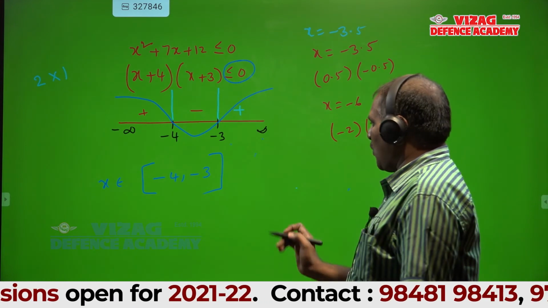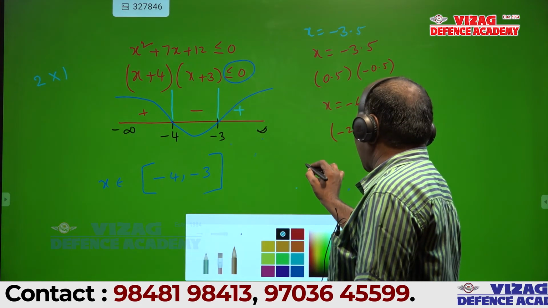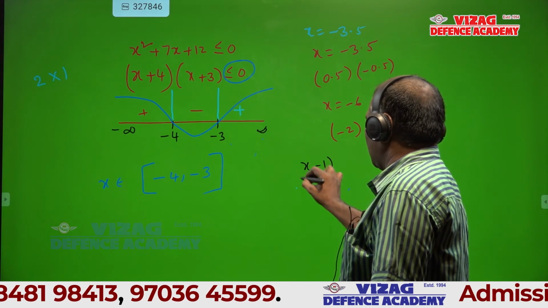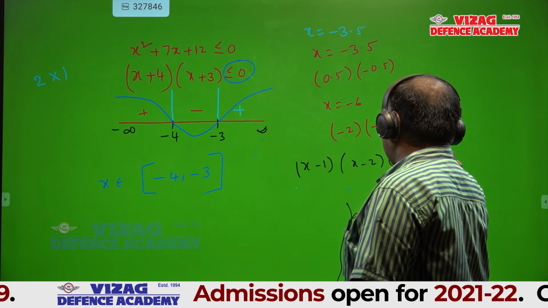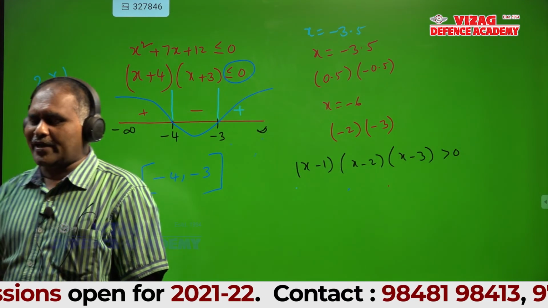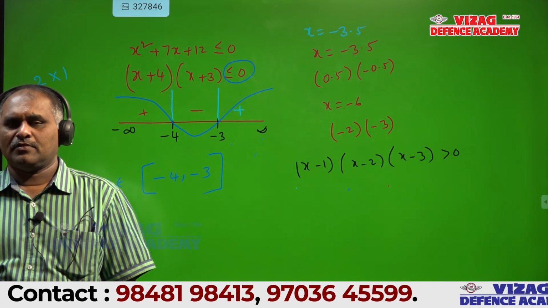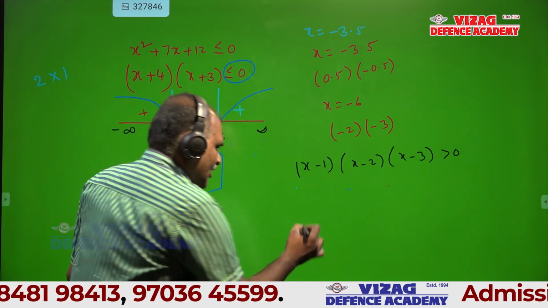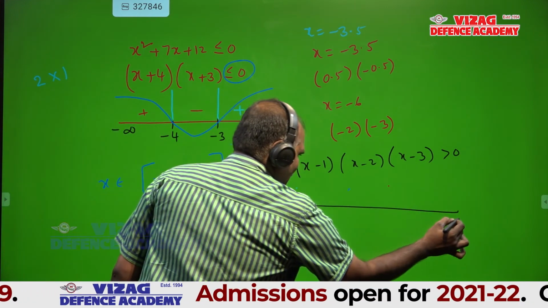And one example: suppose x minus 1 into x minus 2 into x minus 3 is greater than 0. What are the roots of that equation? 1, 2, 3. Indicate them on the number line, from minus infinity to plus infinity.